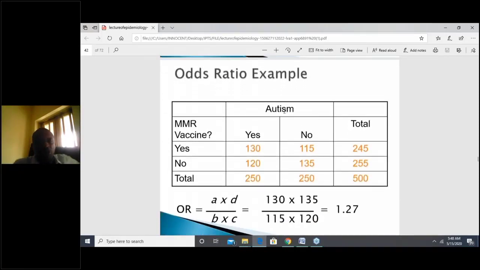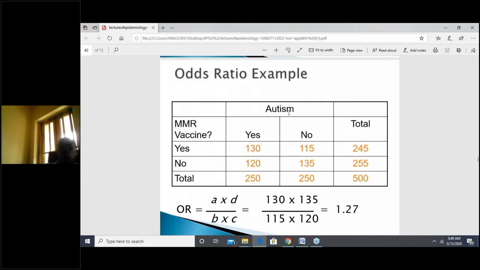The odds ratio for autism. Autism is a condition where the child has things like nervous breakdown. So we are looking at what's the odds ratio that this vaccine will cause it. Right now, a lot of people say vaccine causes this, vaccine causes that. If you take vaccine, that means you have taken the mark of the beast, and a lot of theories.